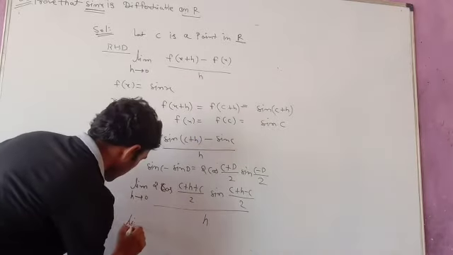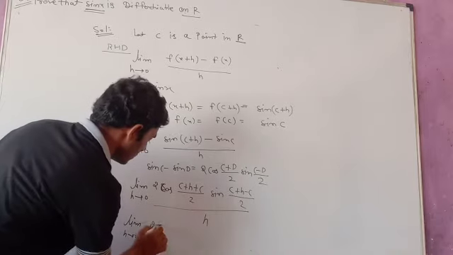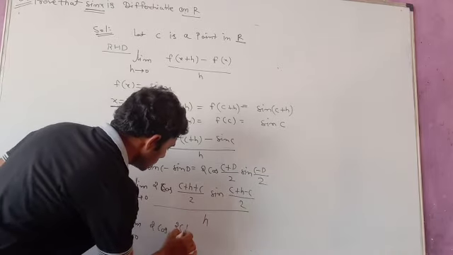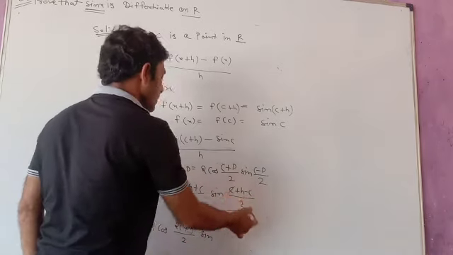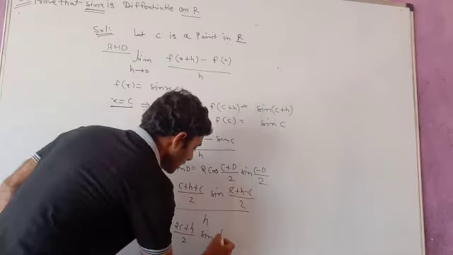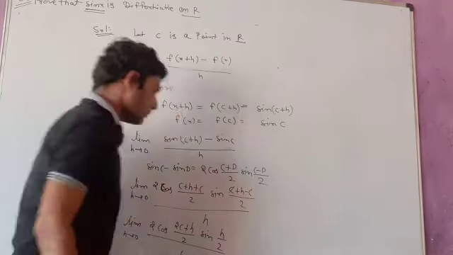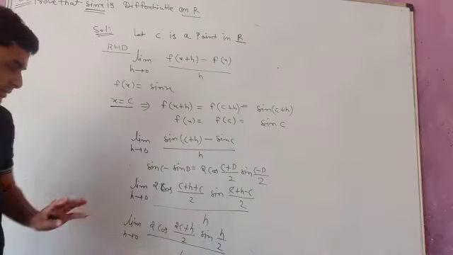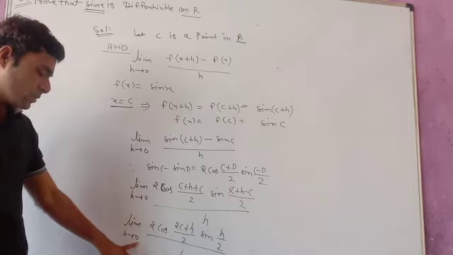Again, limit h tends to 0, 2 cos (2c plus h) upon 2 and sin. This positive and negative c are cancelled. Now we have sin(h/2) upon h. Our calculation is completed. Now we have to apply the limit h tends to 0.